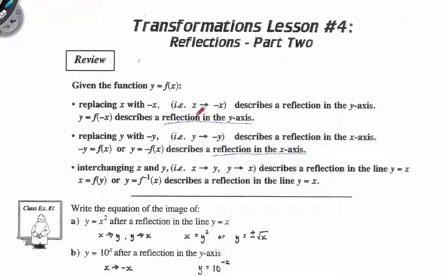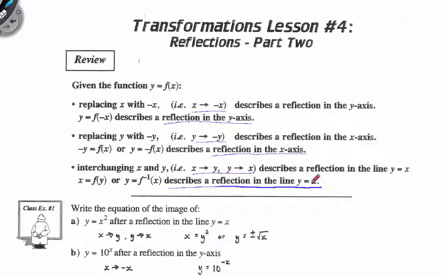So in replacement notation, x goes to negative x, y goes to negative y. If we interchange x and y, that's the inverse function. Here's the replacement notation, and it simply describes a reflection in the y equals x line.